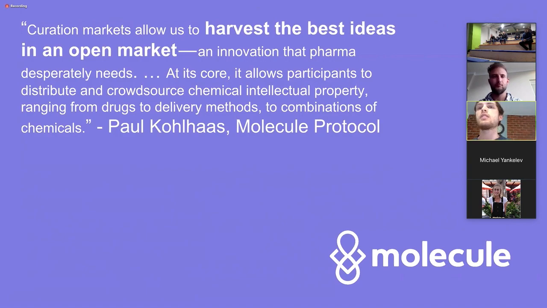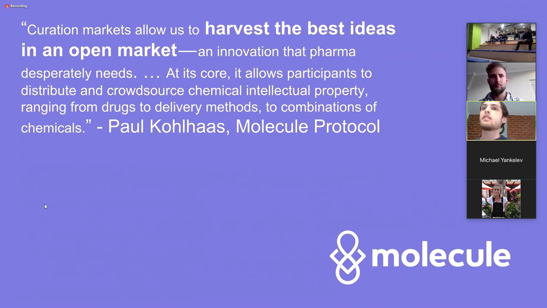So what curation markets and bonding curves will be a very small part of, but it's a good example of how the curation markets apply, is that they enable you to open up these markets with collaboration and also distribute ownership, risk, and returns among different parties, whether that's the R&D houses or the smaller pharmaceutical companies.